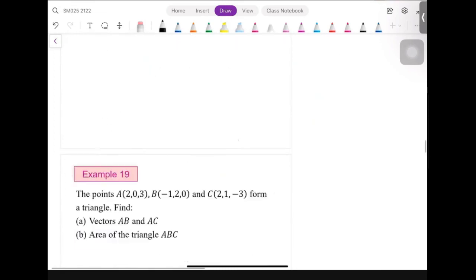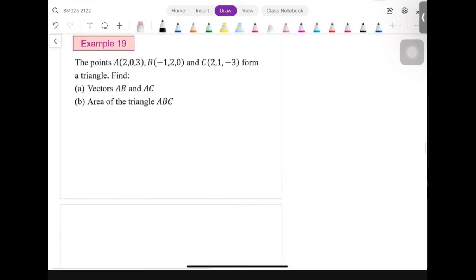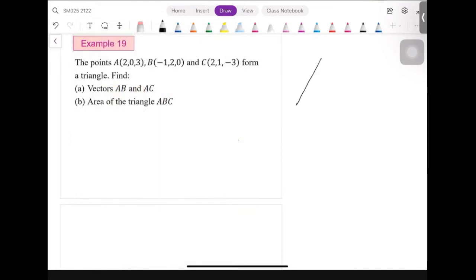And then the last question, example 19. We have a triangle with three different points, point A, B, and C. For the first part, find vector AB and AC. This is basically a direction vector. You already learned how to find this in 5.1.